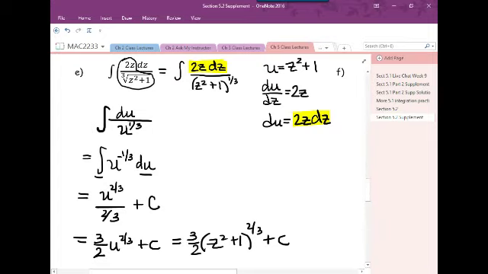All right, so that is one example of us using a u substitution to get our integral into a format that we could actually integrate right here, and then going ahead and applying our integral rules and putting back in the original variable.